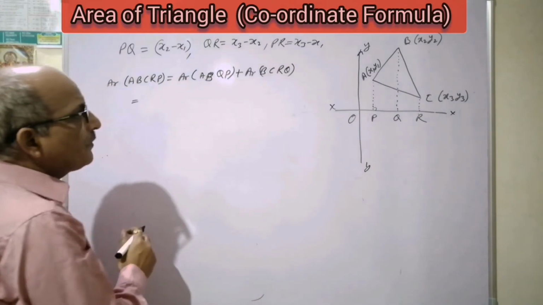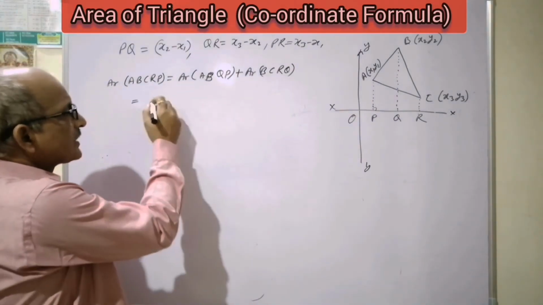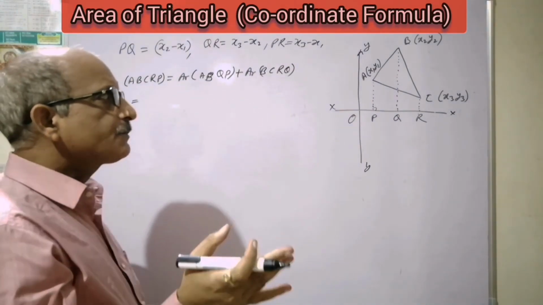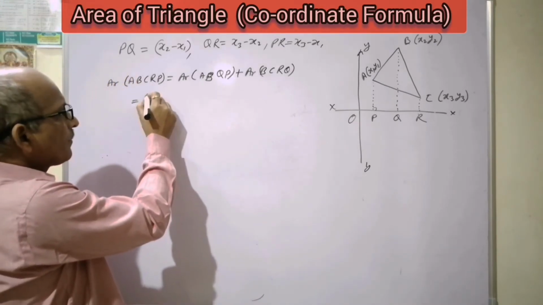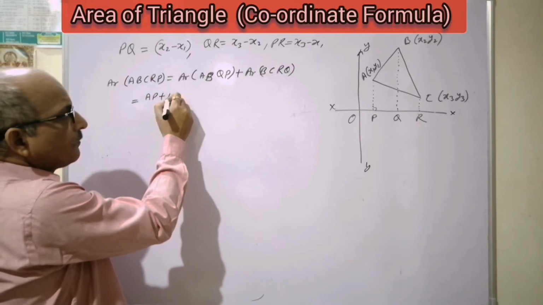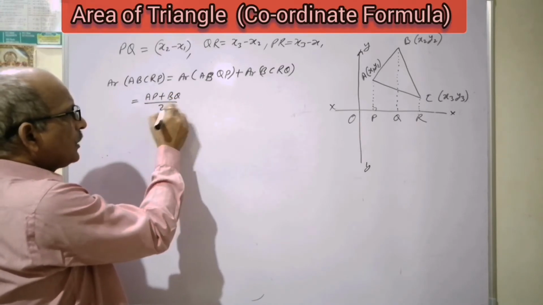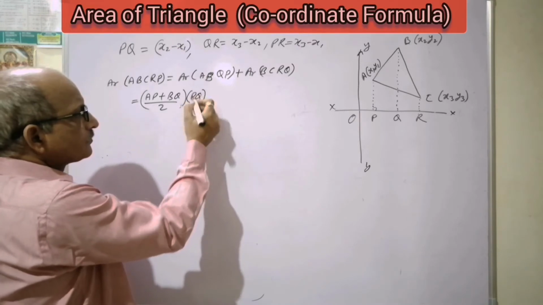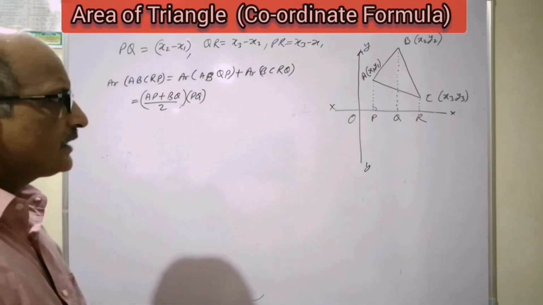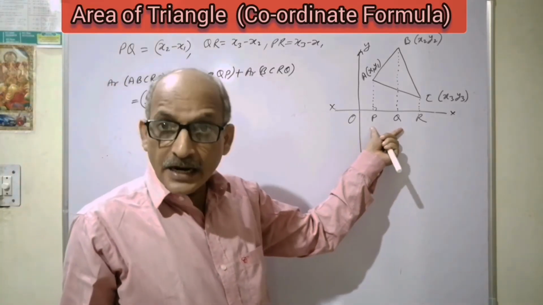So the area of ABQP will be equal to the sum of parallel sides. AP is parallel to BQ. So AP plus BQ upon 2 into what is the distance between them? PQ. This is the perpendicular distance between the parallel sides.